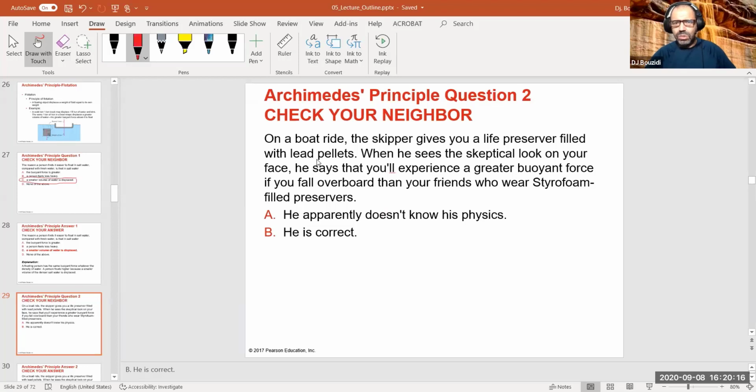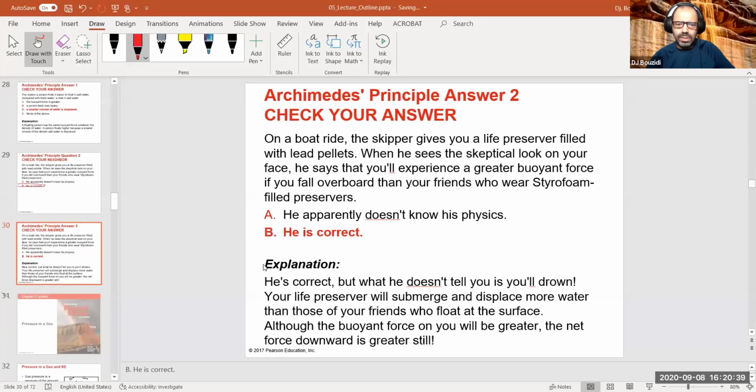So it's going to displace more liquid, so you're going to be subject to a higher buoyant force. But of course, because of the density, it's going to sink. So yes, he's correct, but don't take his preserver. He's actually trying to get rid of you. Okay.